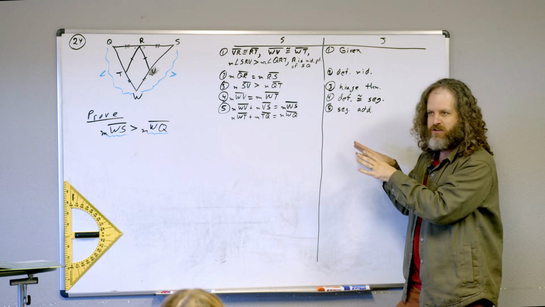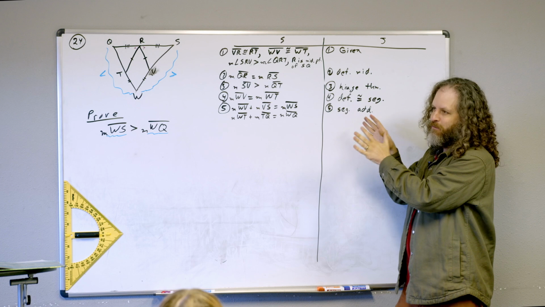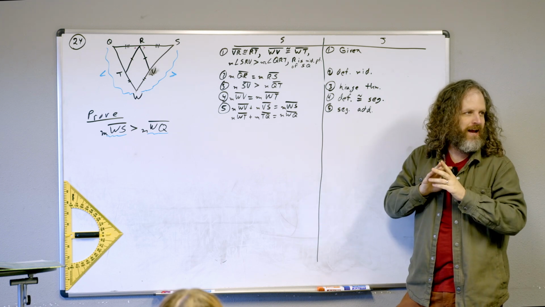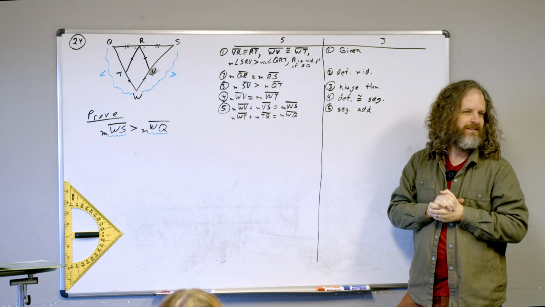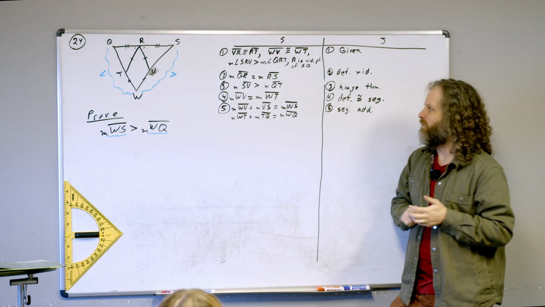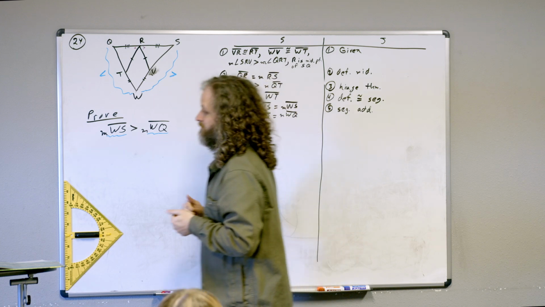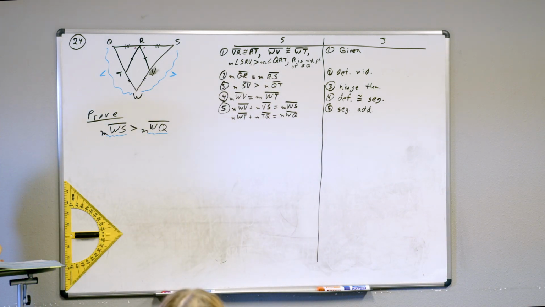Segment addition, angle addition, and linear pair, like the supplement theorem, something that lets me get the stuff that I want on the paper, which we have now. Now what could we do? I have to do a lot of substituting, is that what you said? Yeah, pretty much. So what can we do?